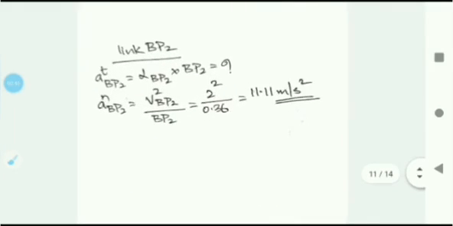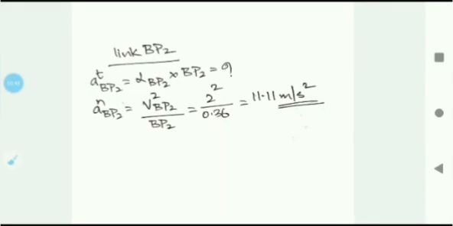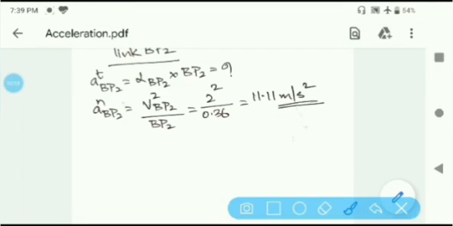Regarding the tangential component of acceleration of B relative to P2, it is given by the formula alpha into r, where r is the length of the link and alpha is the angular acceleration.